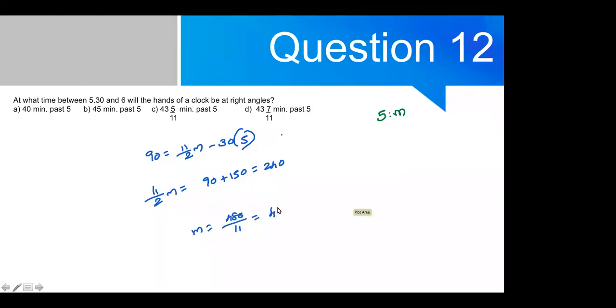In case if it is not in that, go for A minus B. That's all. 480 by 11. It's already there between 5:30 to 6. In case 5 to 5:30 they are asking, go for B minus A. But here direct answer, so no need to go for it.